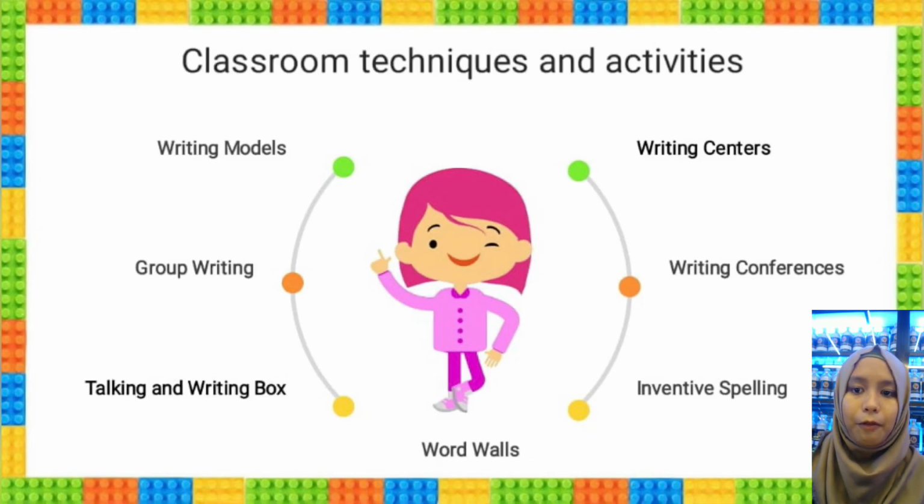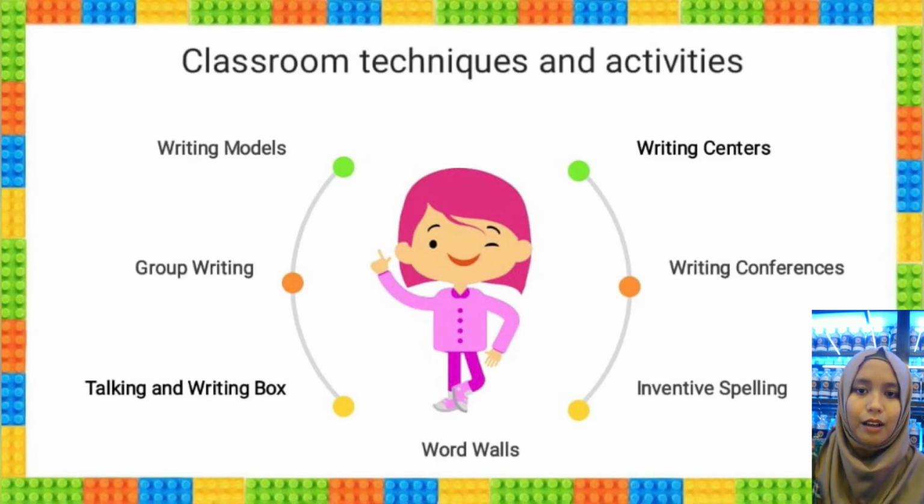6. Inventive spelling. Inventive spelling refers to students' attempts at spelling words based on their developing cognitive and literacy skills. When it comes to the editing and publishing stage of the process, it is important to pay attention to spelling.